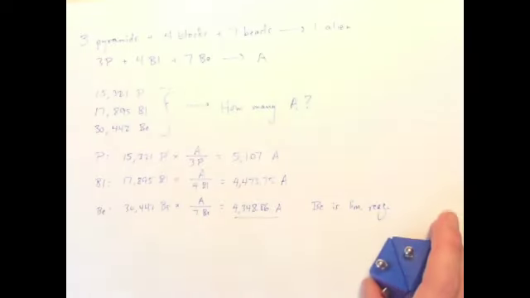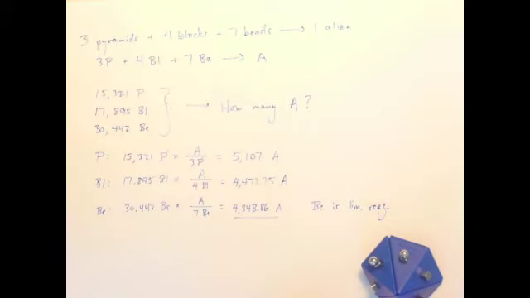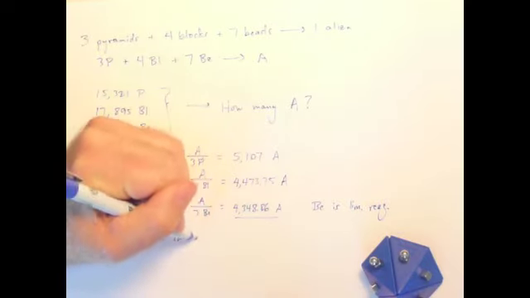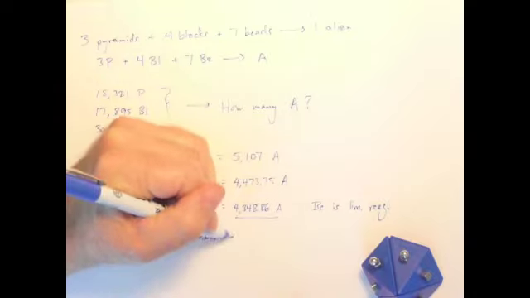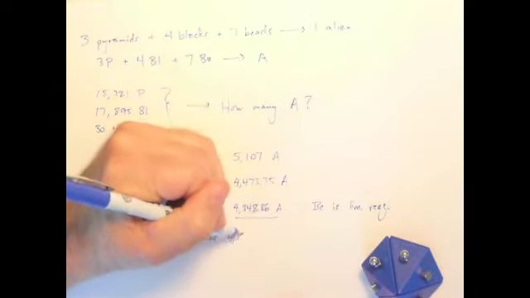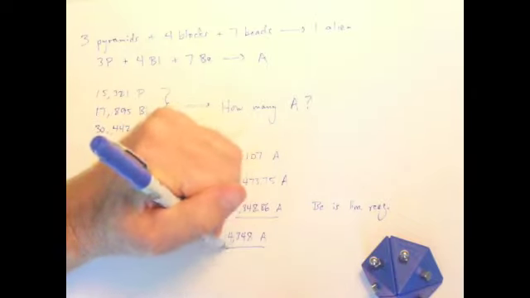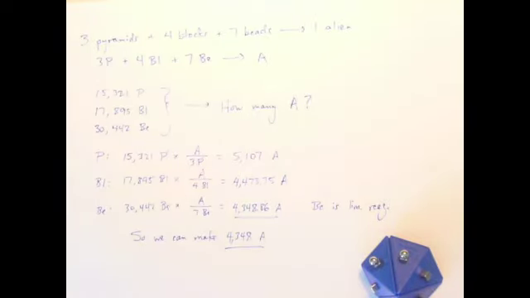So the be is the limiting reagent, and so our answer is we can make 4,348 A. Notice that we don't round that up because we don't have enough to make 4,349.